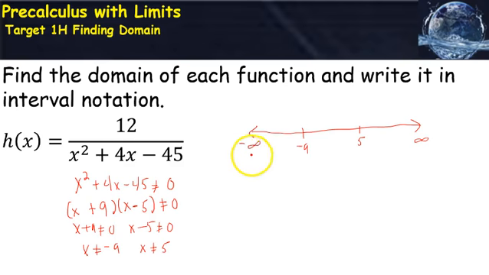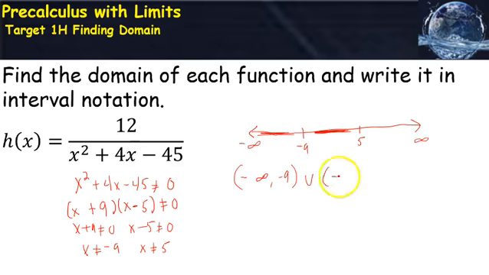So I have to say all but these two. So I'm going to say all the numbers between negative infinity and negative 9. So negative infinity to negative 9. It's always open on the infinities. And then we're saying it can't equal negative 9, so it has to be open. Now I have to say all the numbers between negative 9 and 5.